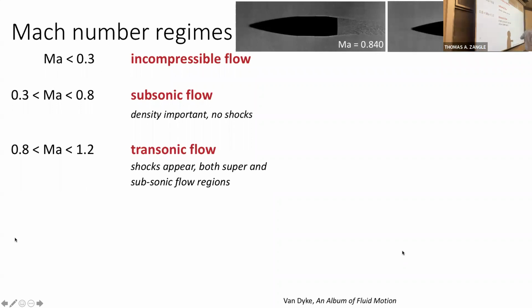As we push up to Mach number of just 0.885, we're still definitely subsonic. The overall velocity of the shape is still subsonic, but nonetheless we can see little tiny shock waves happening.